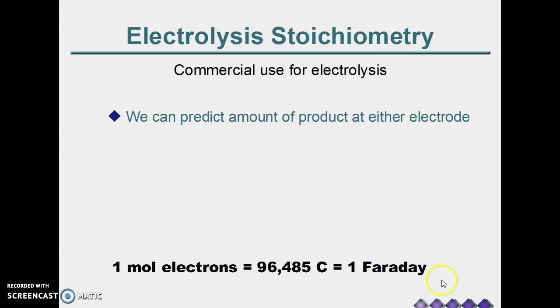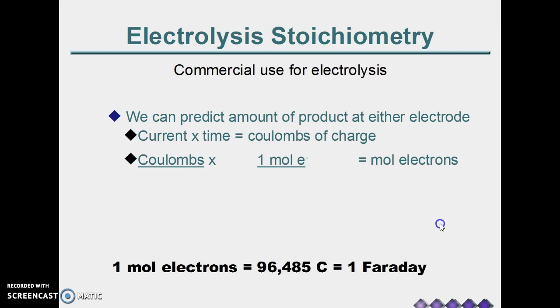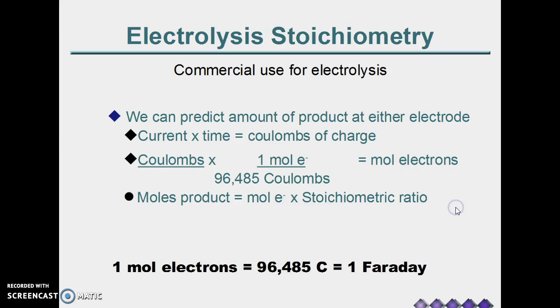Alright, we can also predict the amount of product given or taken away at any electrode. Current times time, we learned from physics, is coulombs of charge. Coulombs times the ratio 1 mole of electrons per 96,485 coulombs gives us the number of moles of electrons.